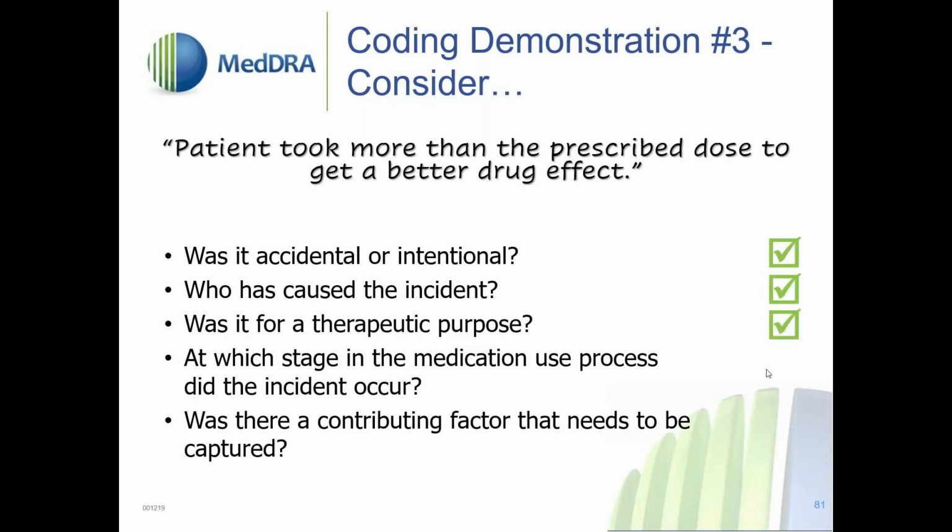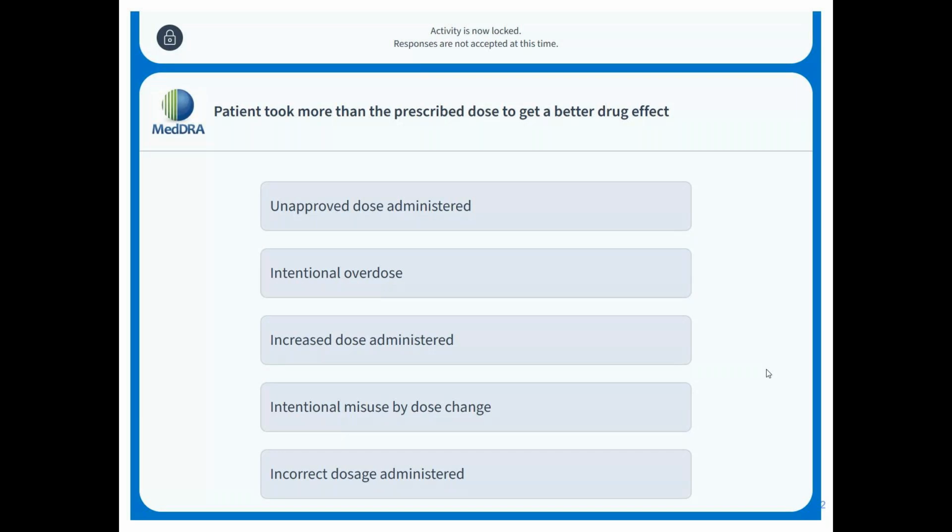Yes, it was a decision of the patient. And was it in the framework of therapeutic use? Yes, it was. And we also know the stage where the error occurred. We know that it was administered, but no contributing factor again was reported.